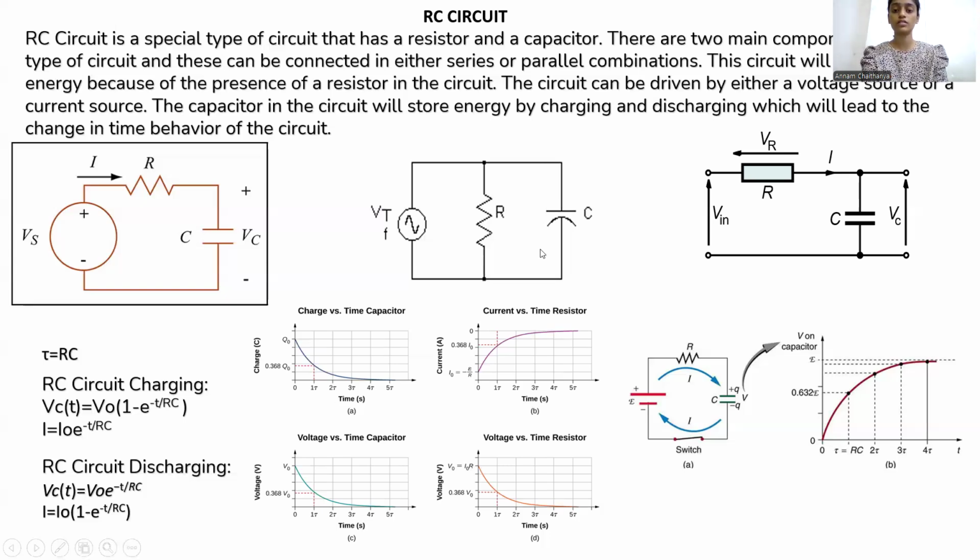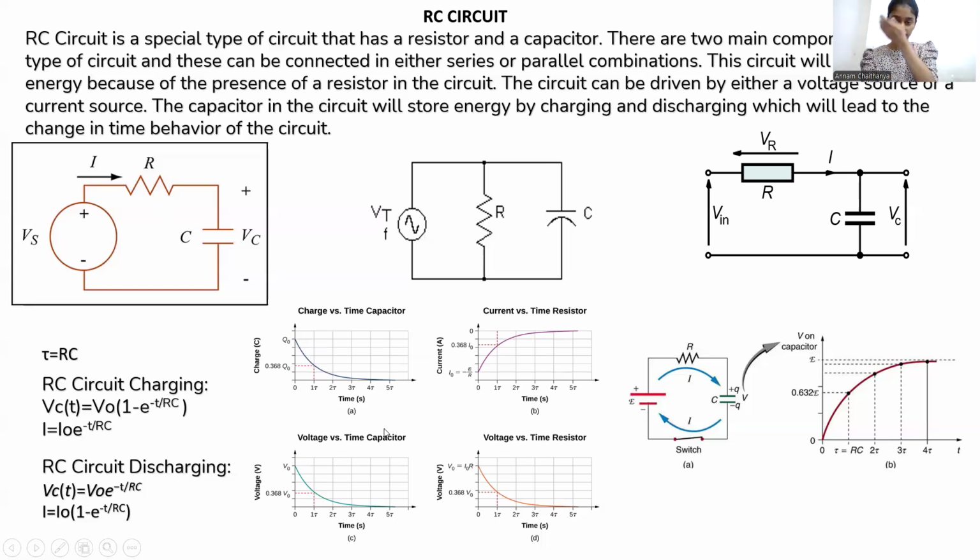Here the resistor and capacitor are connected in series, and this is the diagram for the series RC circuit. This is the parallel RC circuit, and these are a few graphs related to the RC circuit.